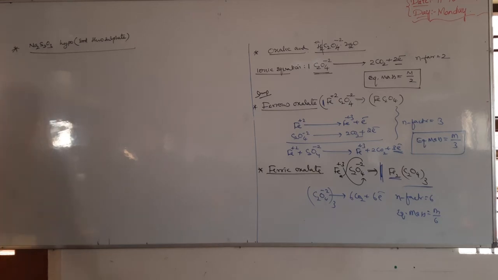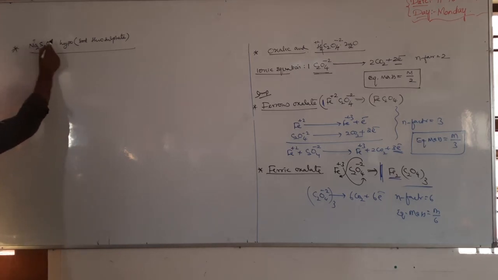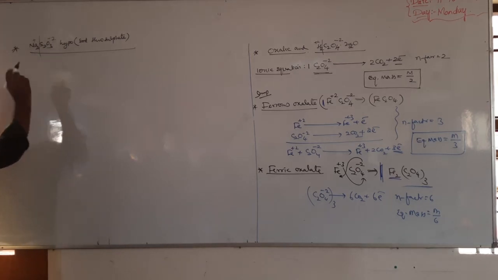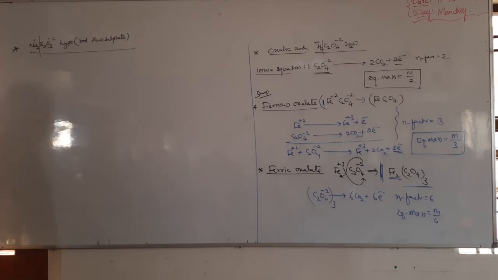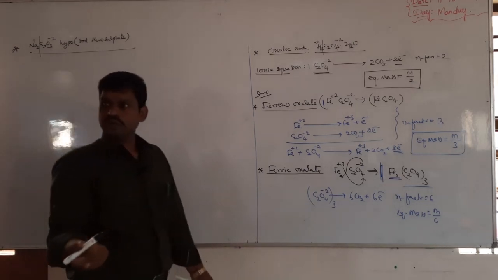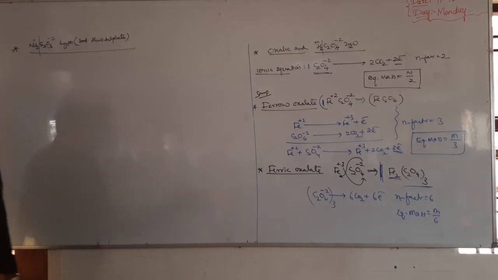Now tell me, in hypo, which is the active part as a reducing agent, Na plus or S2O3 minus 2? Is Na plus converted into Na plus 2? Not possible, right? That means Na plus is not part of the reaction.